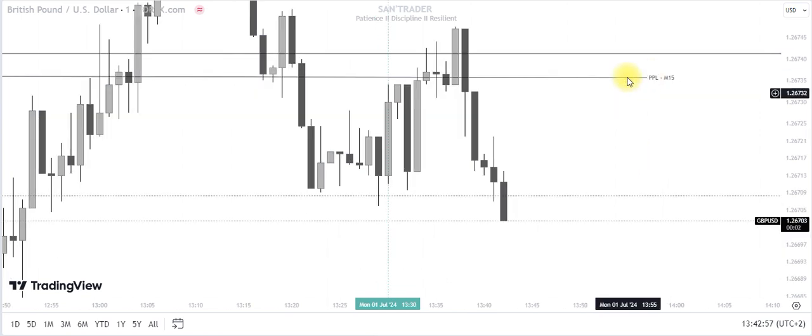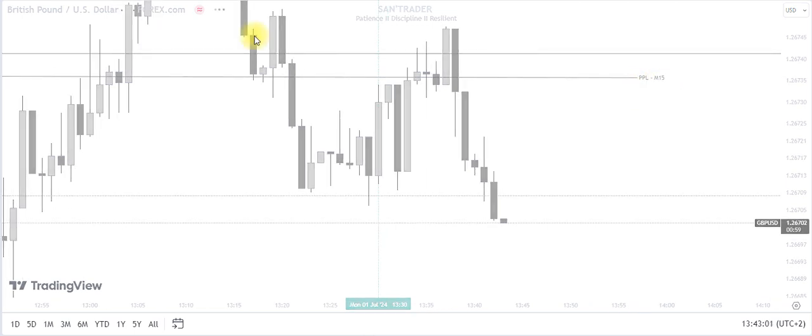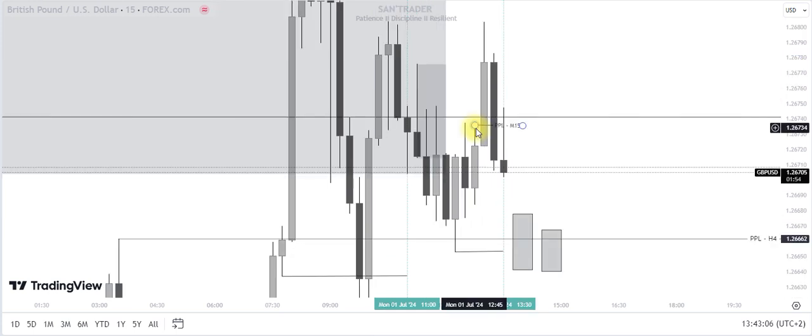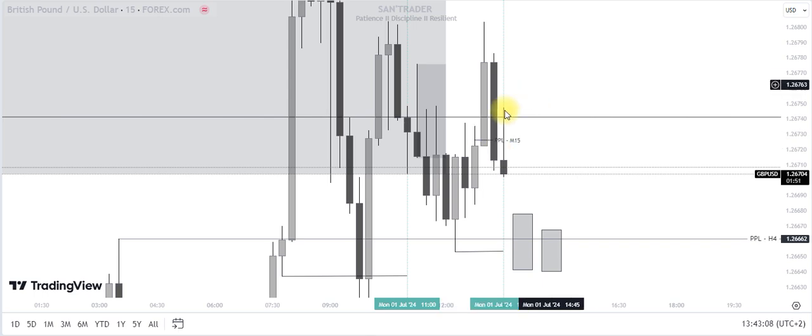So this is how we use PPL, because here we wanted to anticipate a reversal. As you can see, a swing, right? We have a swing there, then we want to anticipate a reversal. It can be a minor or a major one, doesn't matter.